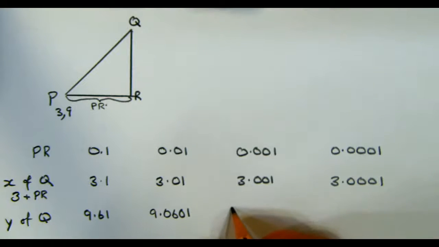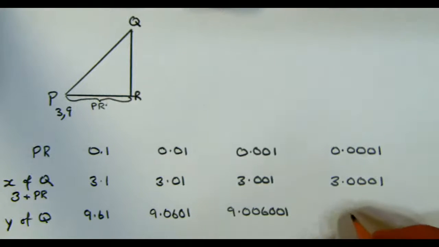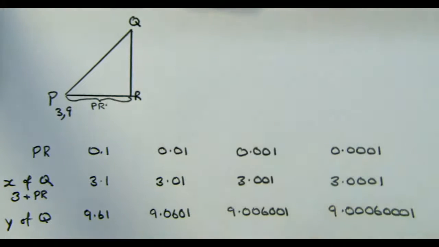This is going to be 9.006001. And finally, this is going to be 9.00060001.